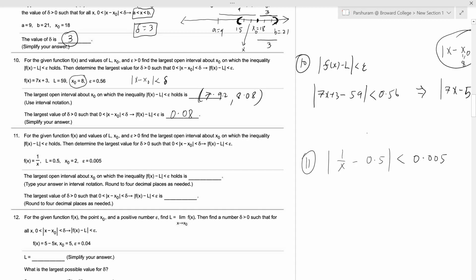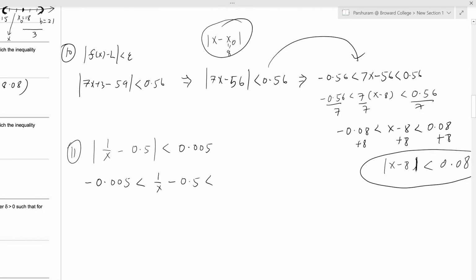Because of this absolute value sign, this expression can be written as negative 0.005 is less than 1 over x minus 0.5, which is less than 0.005. This is exactly the same as problem 10. Now solve for x.